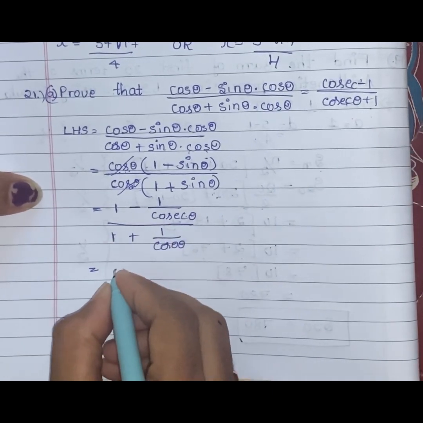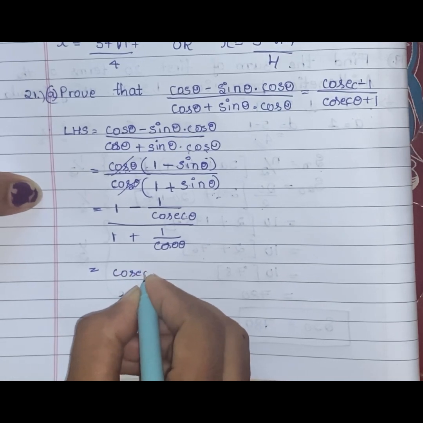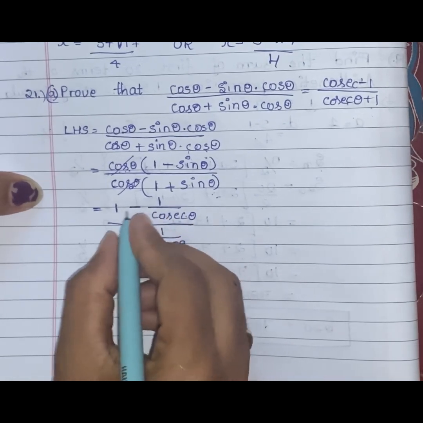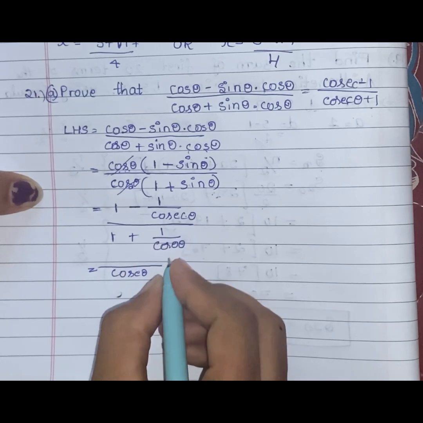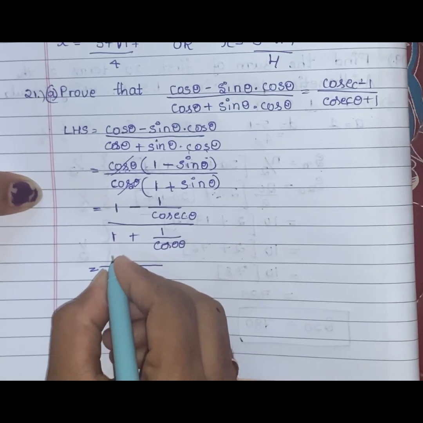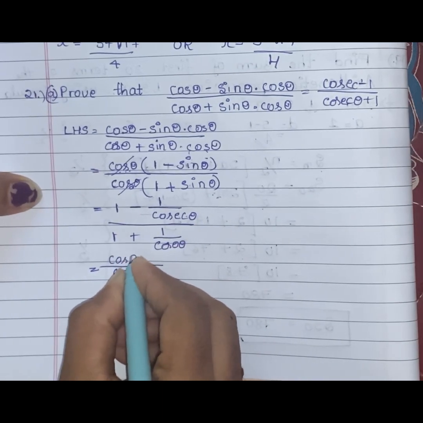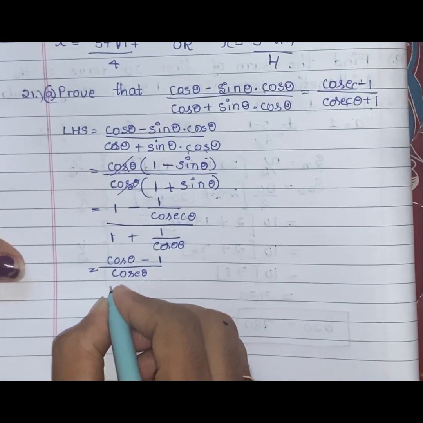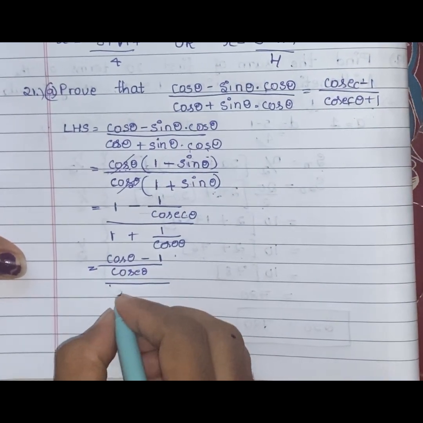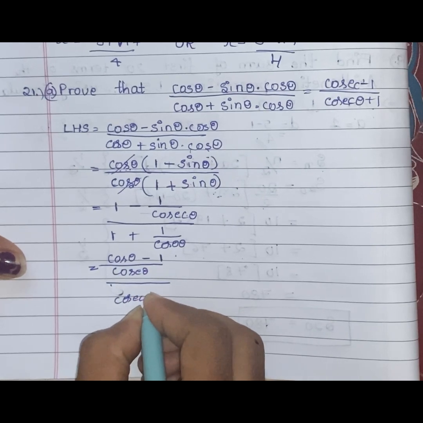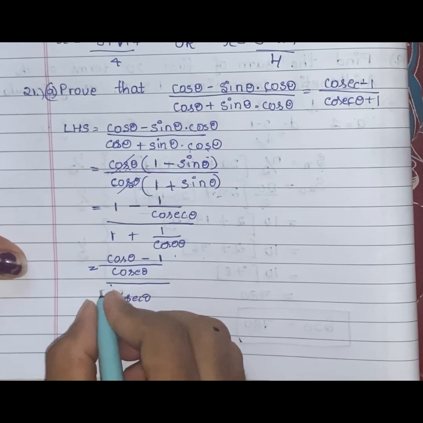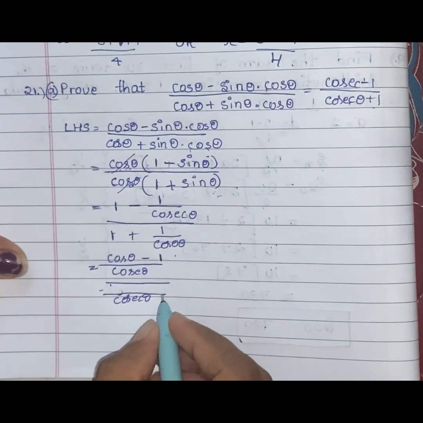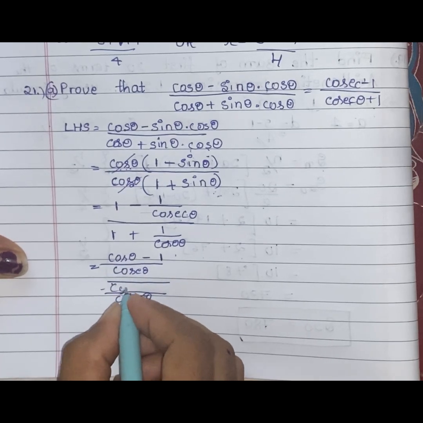So here it will become cosec theta divided by 1 cosec theta, 1 cosec theta. So it is cosec theta minus 1. Okay, divided by, in the same way, cosec theta divided by cosec theta plus 1.